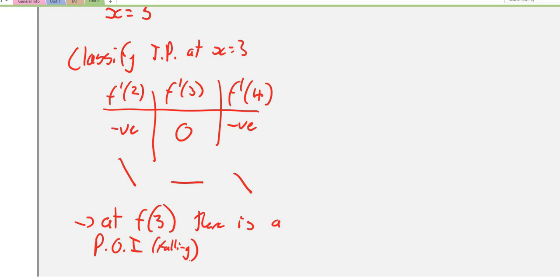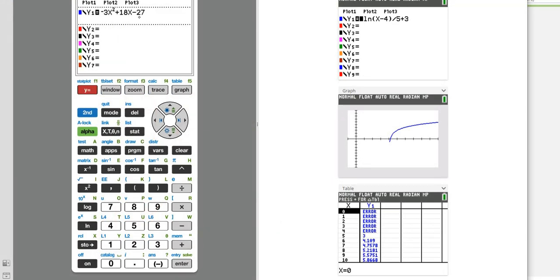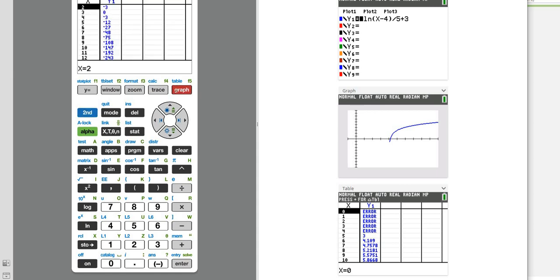Y1 equals negative 3x squared plus 18x, take 27. What do you get your positives and negatives from? I set my table to start at 2 and go up in ones, and then I went second graph. See how it's got blue table above the graph button? Start at 2 on ones.